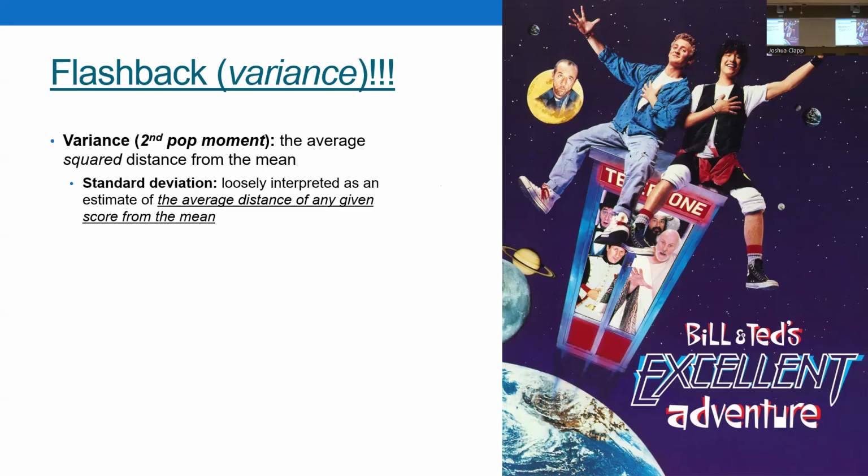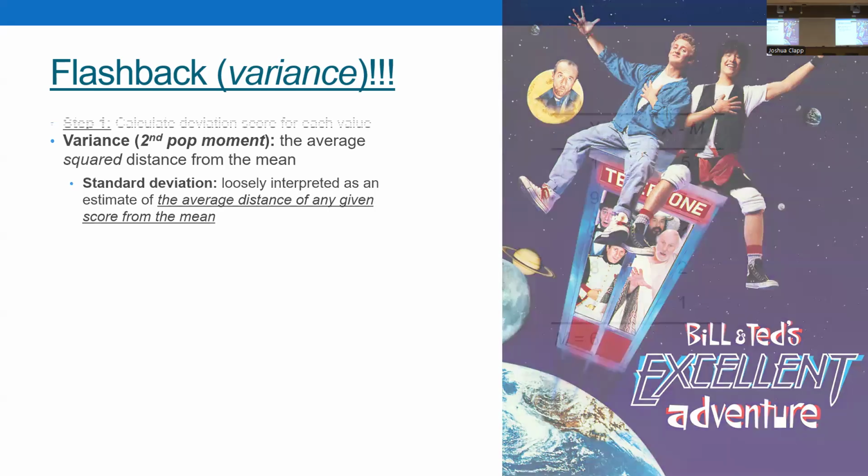Standard deviation is loosely interpreted as the average distance of a randomly selected score from the mean. We say loosely because it's not technically the average; we take the sum and divide by n-1. But for all intents and purposes, it's pretty close to the average, right? So recognize the variance and standard deviation as specific metrics of variability.